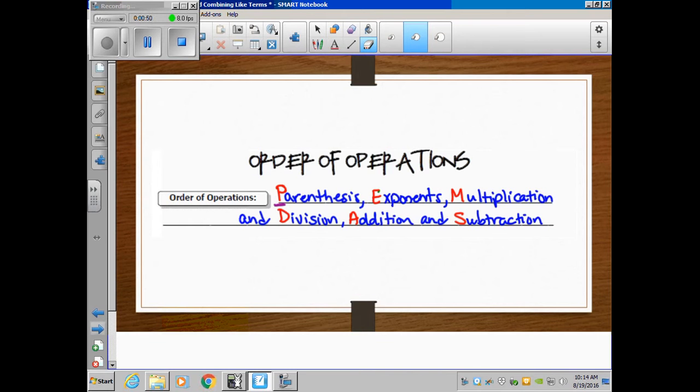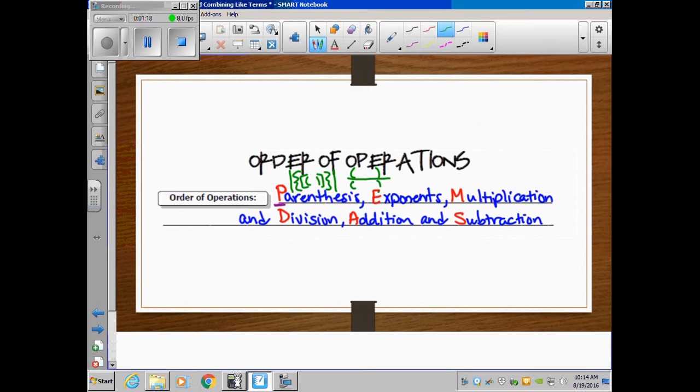And by parentheses, I actually mean any grouping symbol. So yes, we have parentheses, but we also have box brackets, we have braces, we have absolute value symbols, we even have division symbols which separate the top as a group from the bottom. So you can do those independently, the top from the bottom.